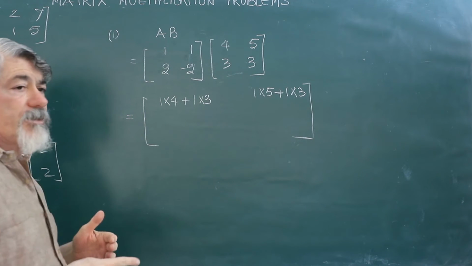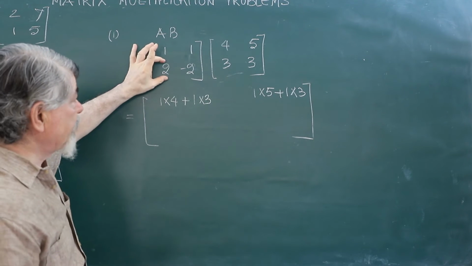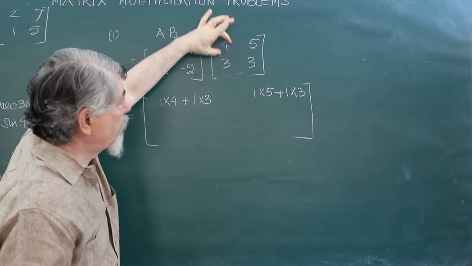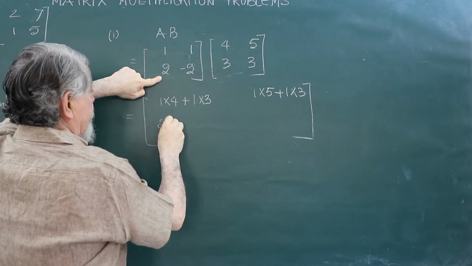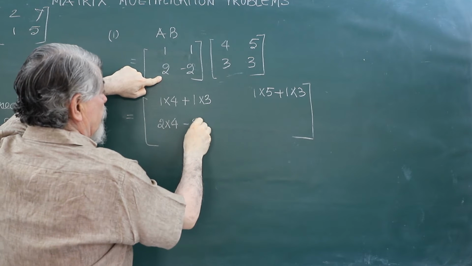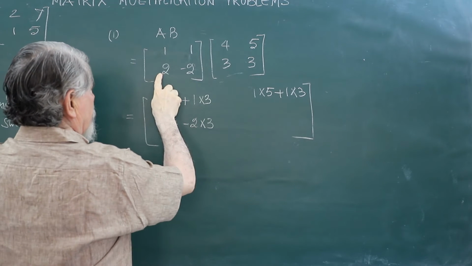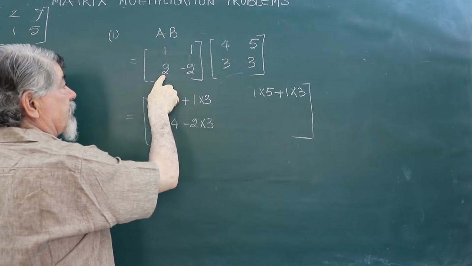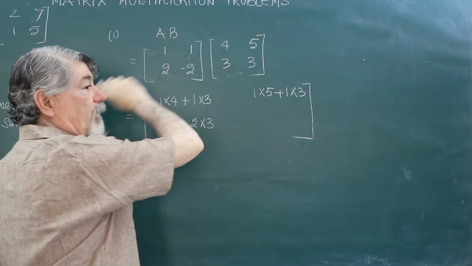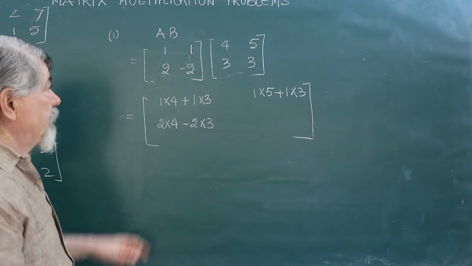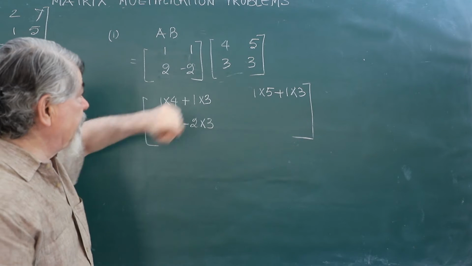Now the same process will be repeated with the second row. Second row, first column. That is 2 into 4 minus 2 into 3. The first element of the second row will be multiplied by the first element of the first column. Then minus 2 into 3.